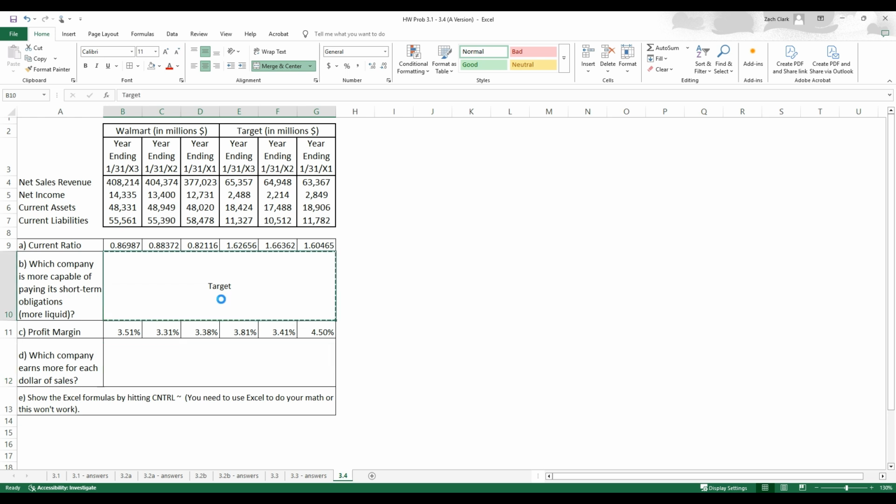So it's actually, I can just copy and paste this in because it's the same answer, Target, right? So what we're saying here when we calculate out the profit margin is for every dollar of net sales revenue, that is, the proceeds that you have after accounting for the costs of the thing that you're selling, right? You have to buy a product first and then sell it at a higher price to earn net sales revenue.